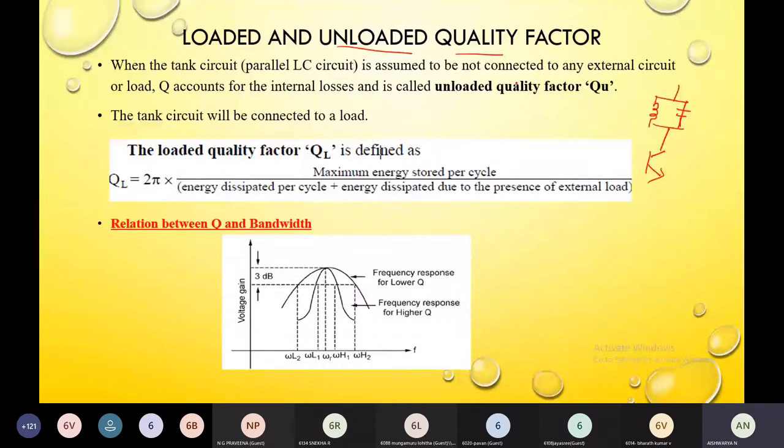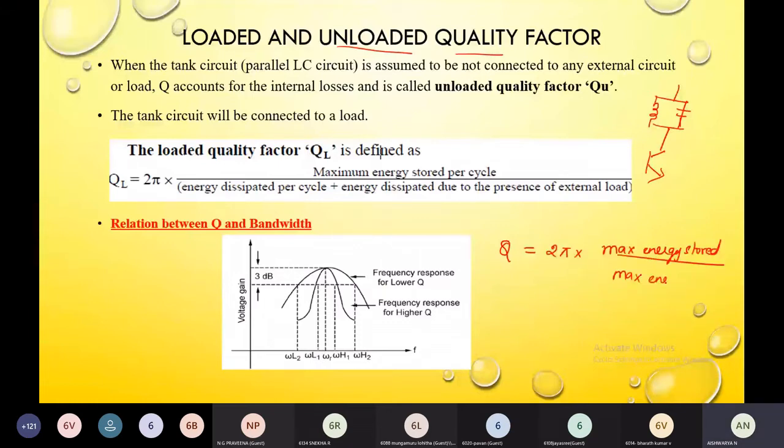And what is quality factor? Often we say quality factor measures the efficiency of any particular application of any particular circuit that we are going to design. Higher the quality factor, better the efficiency of our circuit. In general definition, quality factor is defined by Q, which is equal to 2 pi into maximum energy stored by maximum energy dissipated.